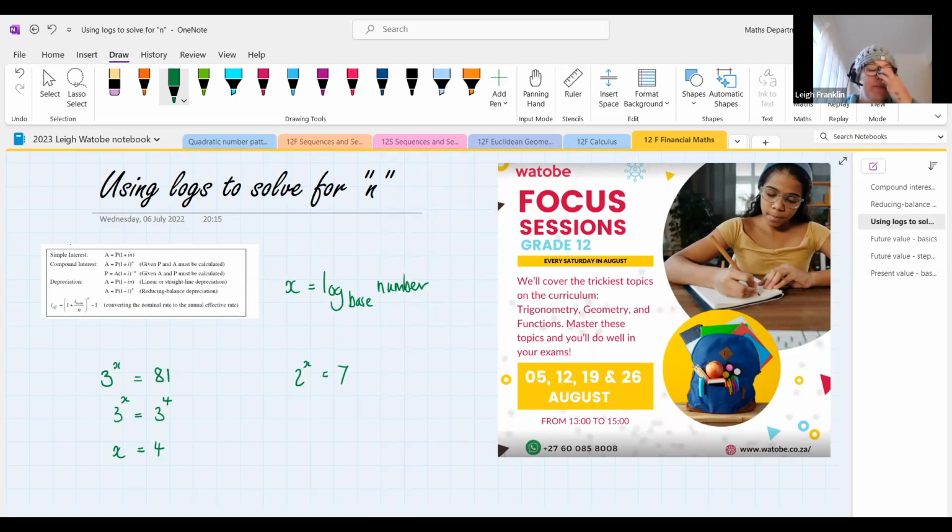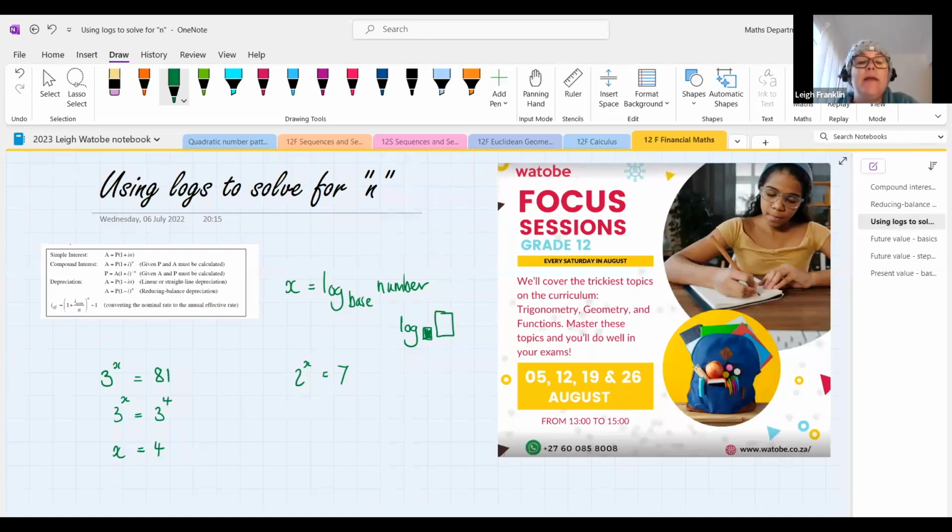If you look at your calculator in the very top row on the right-hand side, you will see a button. It says log, and then the block down here where the base goes, that's colored in. And then the number part is an open block like that.